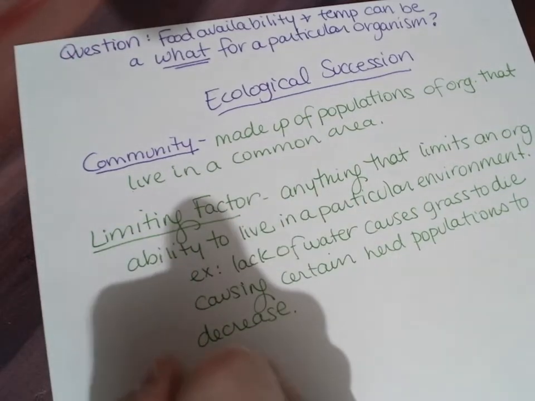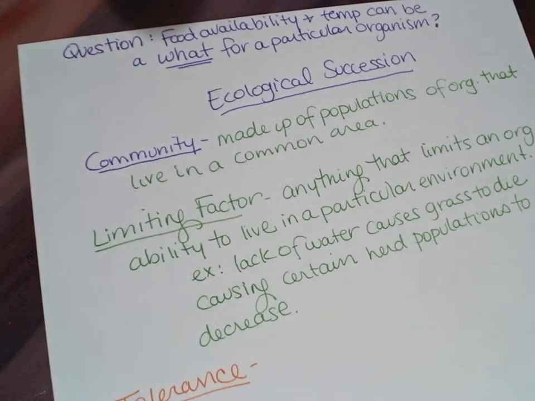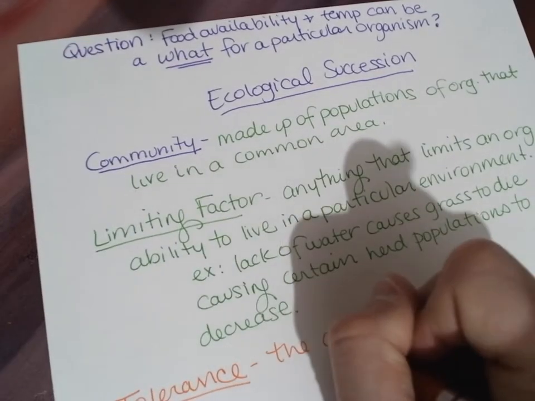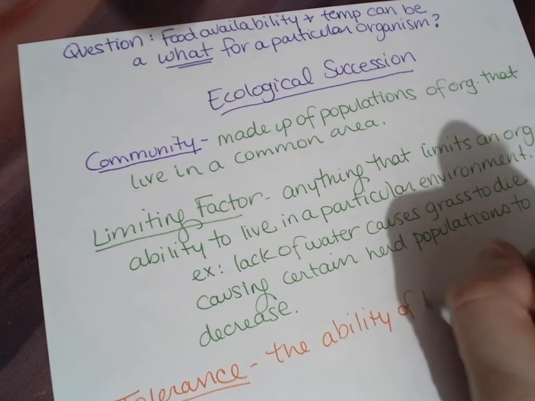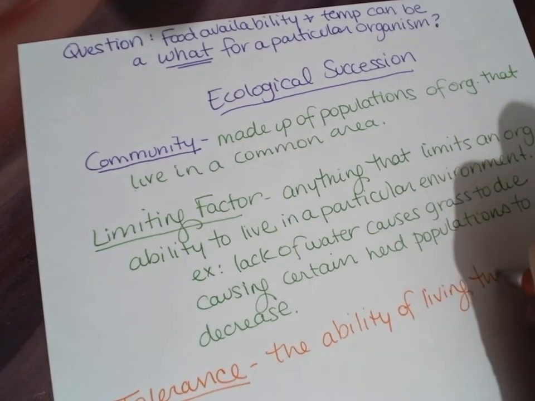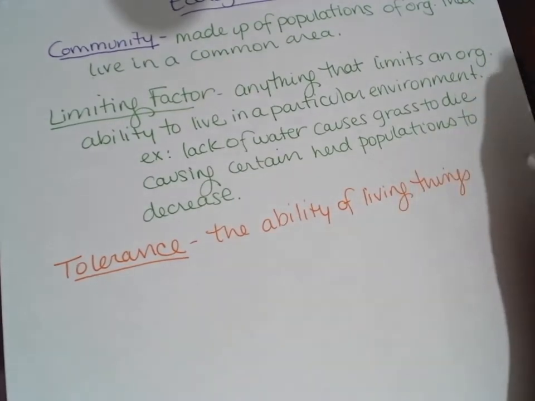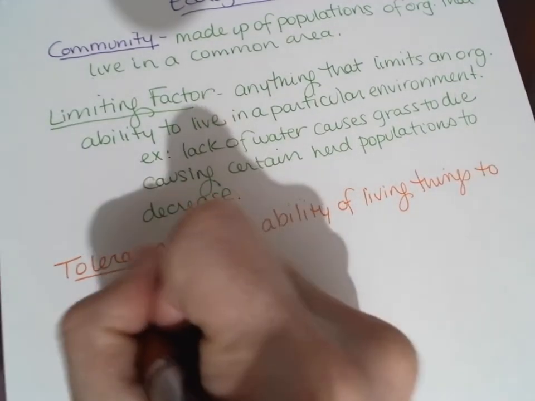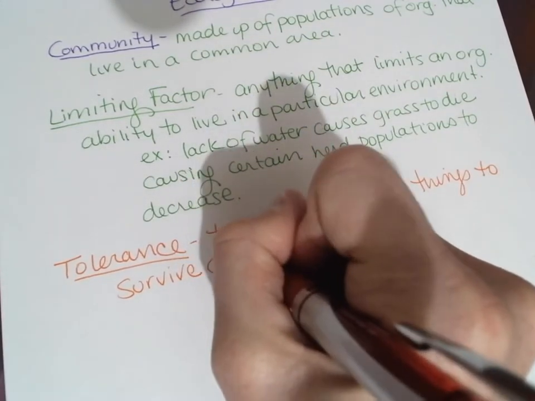Okay, the next term we're going to talk about is tolerance. We hear this a lot in just regular talk, but in science, tolerance is the ability of living things to survive changes in their environment.